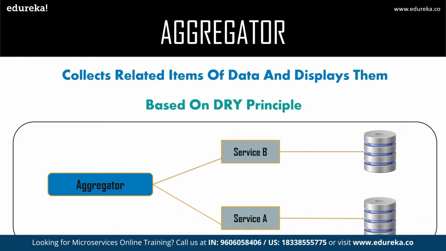You can put that business logic into 2 to 3 microservices. Later on, you can aggregate that business logic into one specific service, right? So for example, if you consider two services, service A and service B, then you can individually scale the services simultaneously by providing the data to the composite service, right? So that was about the aggregator design pattern, guys.